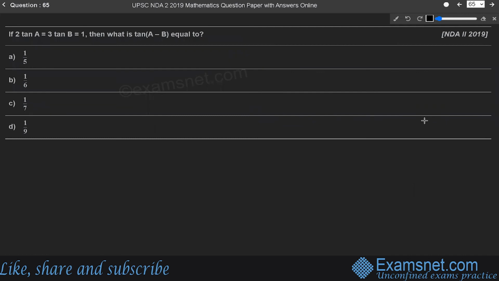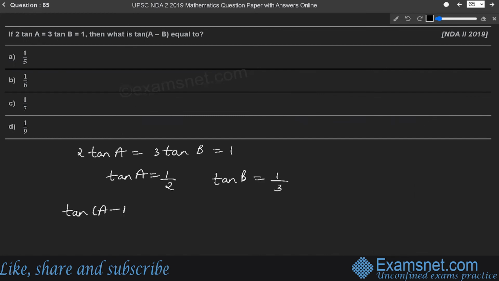Next question is, if 2 tan A is equal to 3 tan B is equal to 1, then what is tan(A minus B) equal to? We know that tan A will be equal to 1 by 2, since 2 tan A is equal to 1, and tan B will be equal to 1 by 3. Now, tan(A minus B) is equal to (tan A minus tan B) divided by (1 plus tan A into tan B).